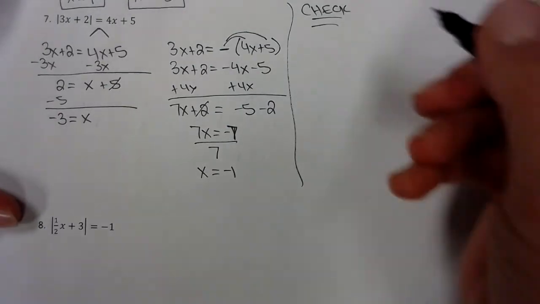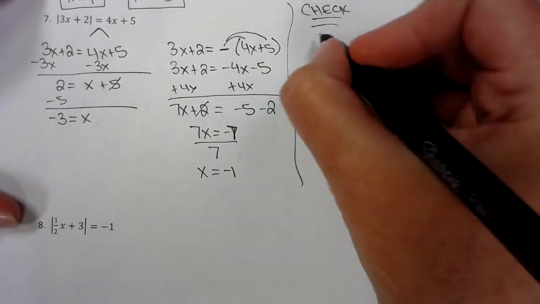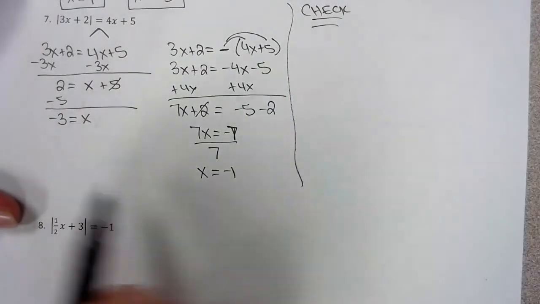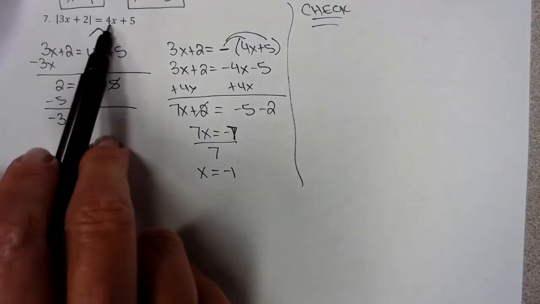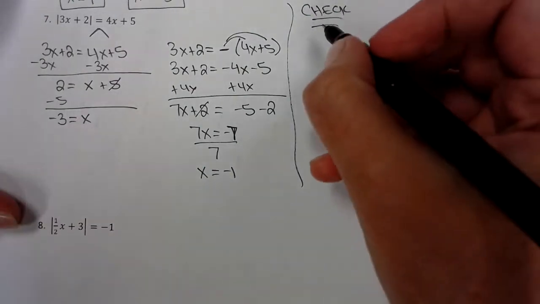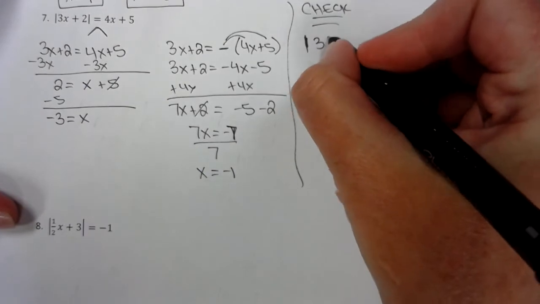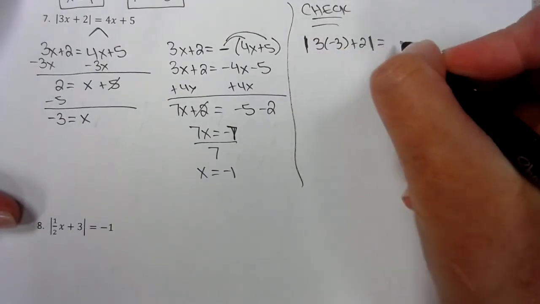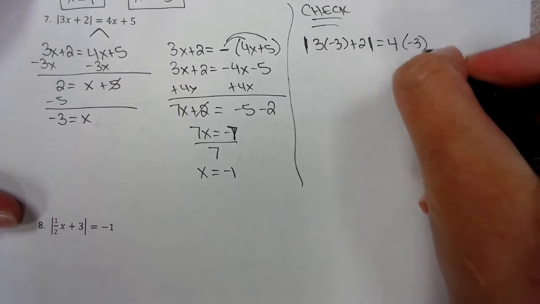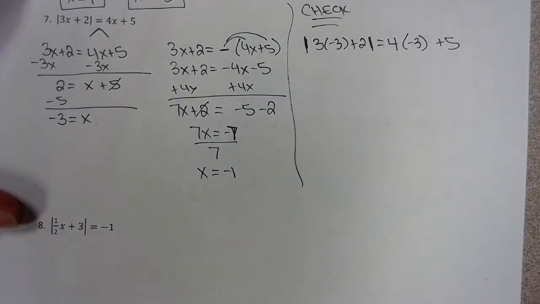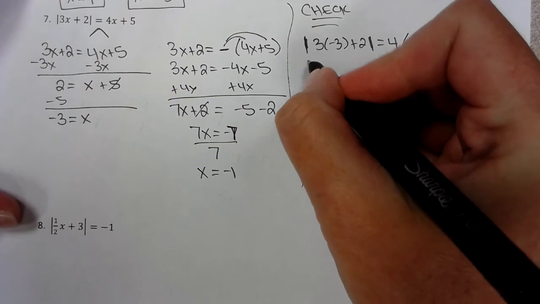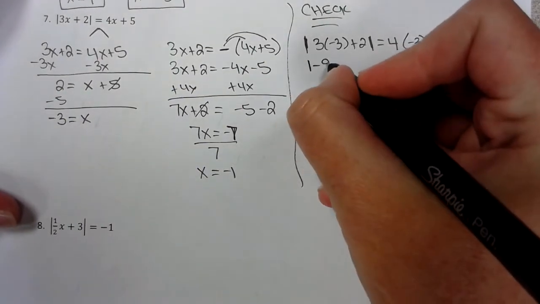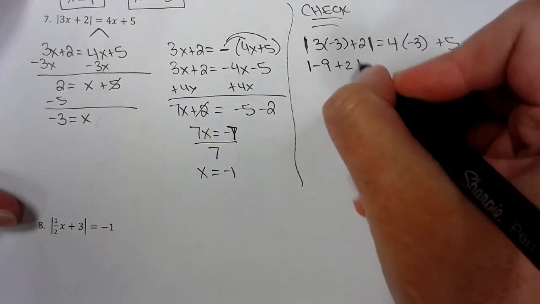Now I need to check. So I'm going to plug negative 3 in for x. You need to remember to plug it into both places. So the absolute value of 3 times negative 3 plus 2 equals 4 times negative 3 plus 5. In the absolute value bars, you're going to have to multiply first.